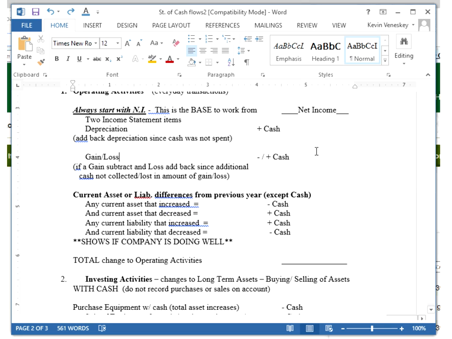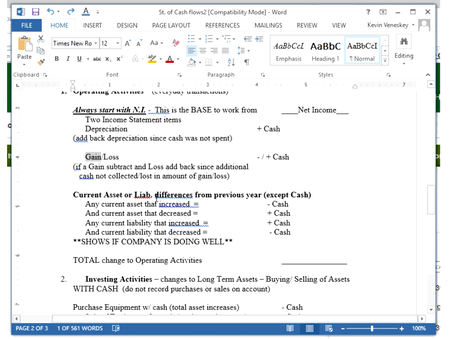You may have had a loss of $6,000, but you didn't lose extra cash. So if you have a loss, we're going to add it back, just like we do with the depreciation expense. We're going to pretend it wasn't there. Just the opposite is a gain. We need to subtract the cash, because a gain is going to make our net income go up, but we didn't get extra money just because we have a gain on our books.